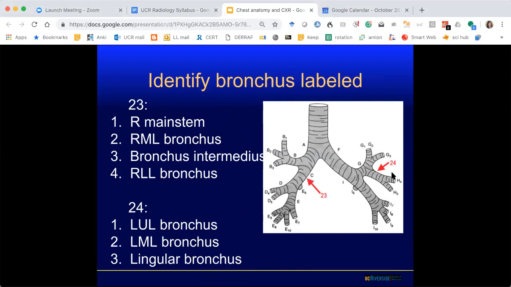What about the 24? So the bronchi extend to each of the lobes and then the subsegments. So we think the left is maybe left middle lobe bronchus. Okay. Left middle lobe. Any other guesses? So we'll review some of the lobes.